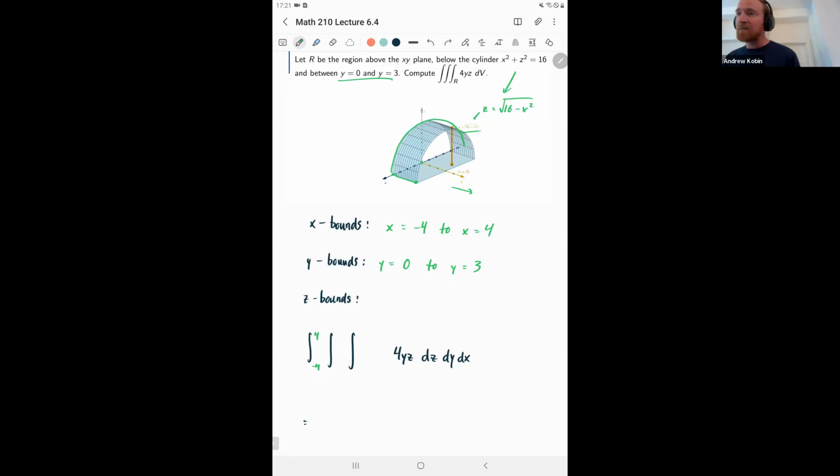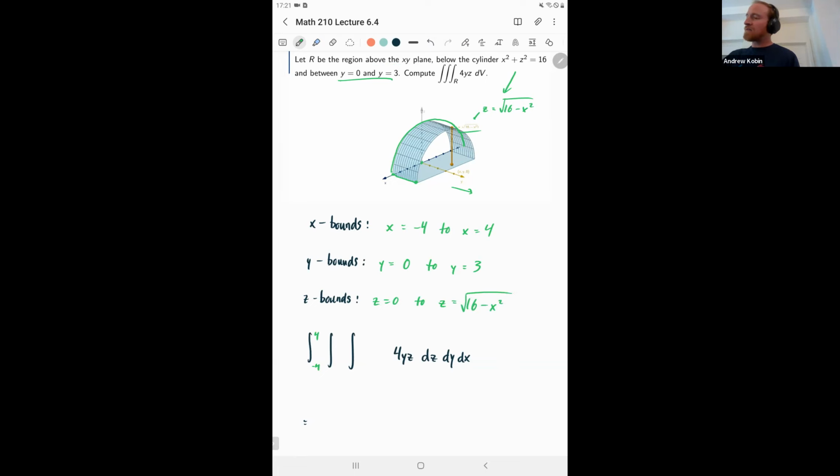So we just need the positive half of the semicircle, the positive half of the equation. So the z bounds are going to be from, well, the floor is the xy plane, that's z equals 0, up to the height on this semi-cylinder, which is the square root of 16 minus x squared.